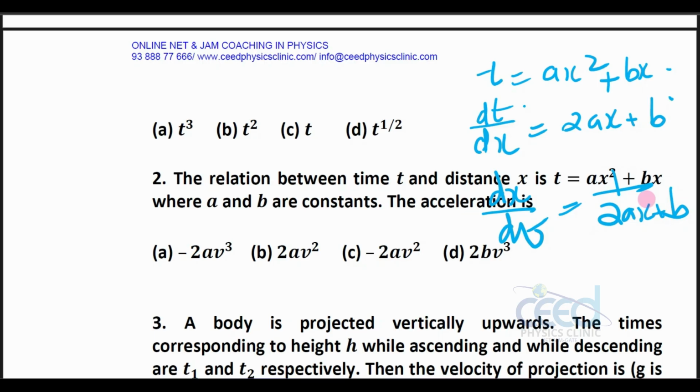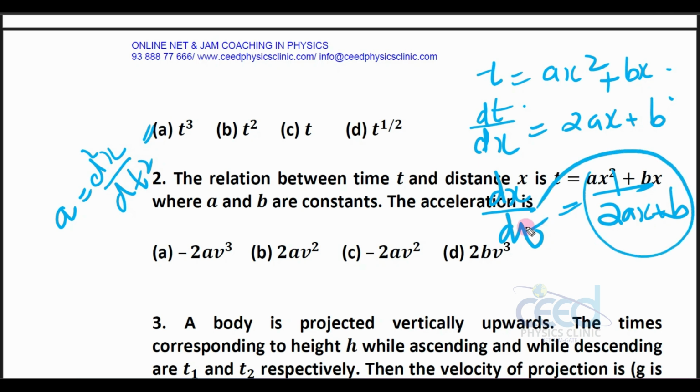Now by taking the reciprocal, we need the acceleration. What is acceleration? Acceleration is d square x by dt square. It is a function of x, so differentiating 1 by 2ax plus b gives minus 1 by 2ax plus b the whole square, and we have to do 2a into dx by dt, because we are differentiating with respect to t.